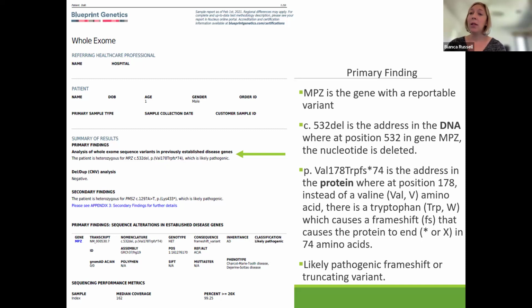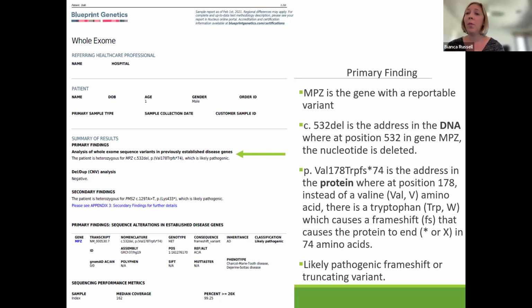What follows is the protein. So the protein position, or the p. In this case, there's a genetic change at position 178, where instead of a valine, there's a tryptophan. When that happens, it results in a shift in how the protein is read, and after 74 amino acids, which are the building blocks of the protein, it is shorter than it should be.